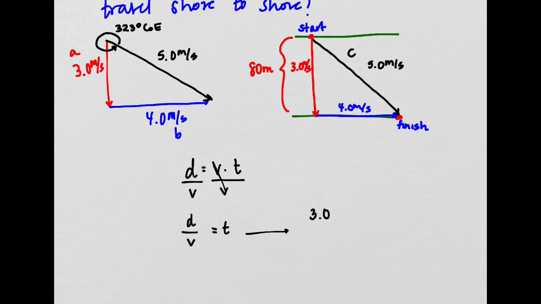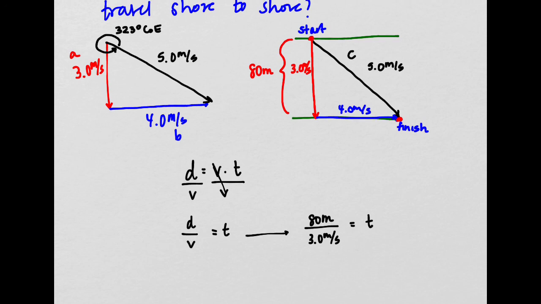Distance should go on top. Distance is 80 meters divided by velocity, which is 3.0 meters per second. That's going to equal the time that it takes for us to cross the river. So I get that it takes 27 seconds for us to cross. All right. So it takes 27 seconds for us to cross the river here.